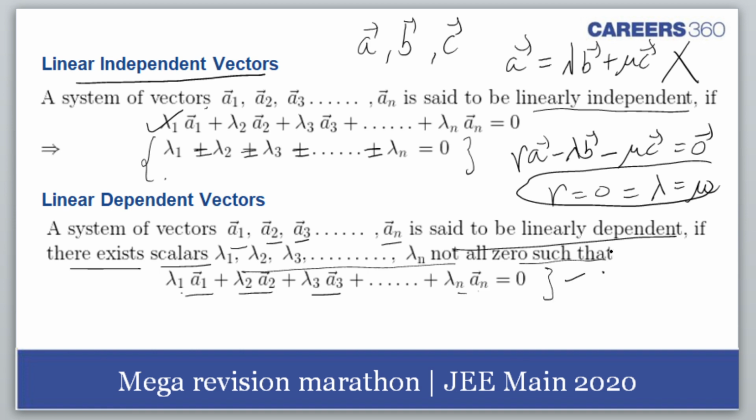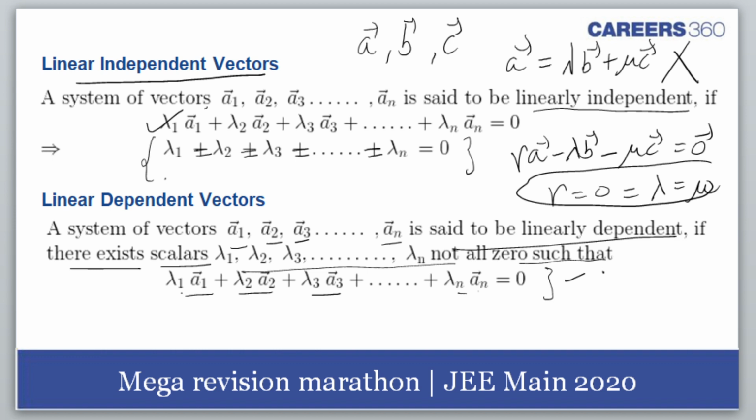So collinear vectors and coplanar vectors lie under this category. Mind you, if any four vectors are there in space, then they are linearly dependent vectors only. They cannot be linearly independent. Four vectors, as I spoke.